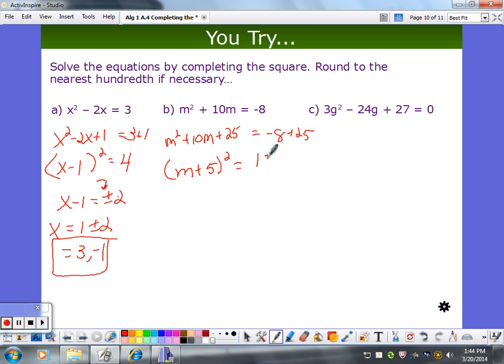I want to say 17. Take the square root of both sides, remembering the negative roots. I don't know what the square root of 17 is. Subtract 5. There's your exact answer. Put it in the calculator. I'll just tell you what I got because we're running low on time. I got negative 9.12 and negative 0.88.